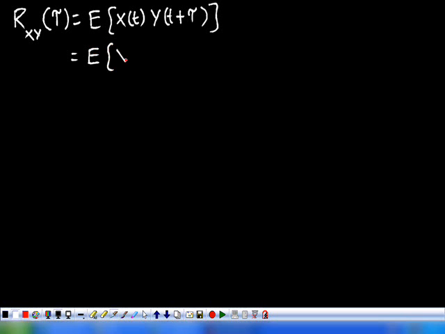What is Rxy of tau? This can be written as the expectation of x of t1, y of t2. Otherwise, you can write it as x of t, y of t plus tau. So this is the expectation of x of t times the integral from minus infinity to plus infinity of h of alpha.